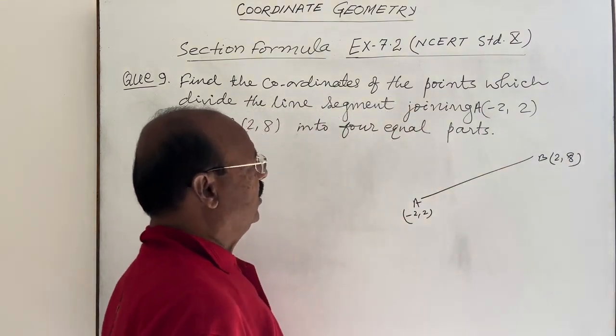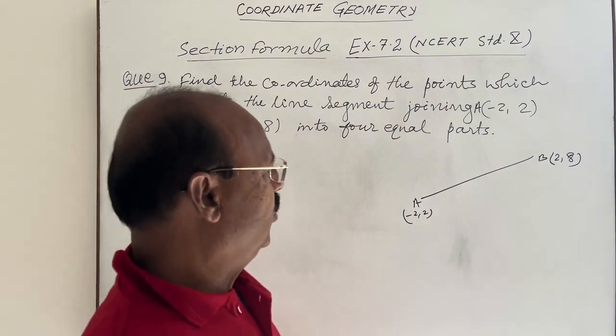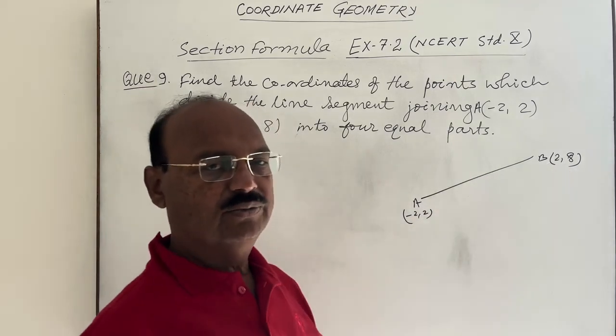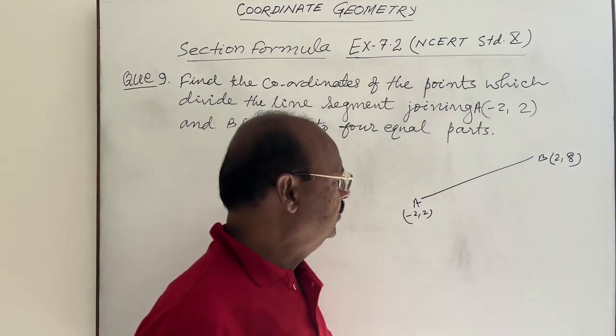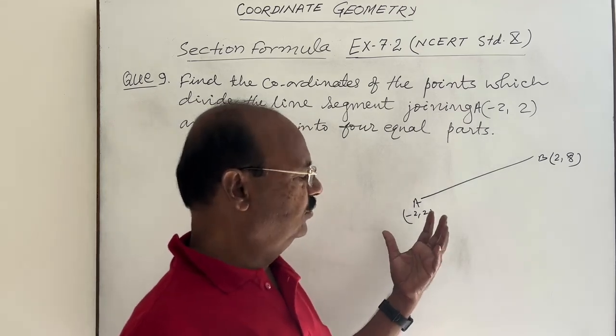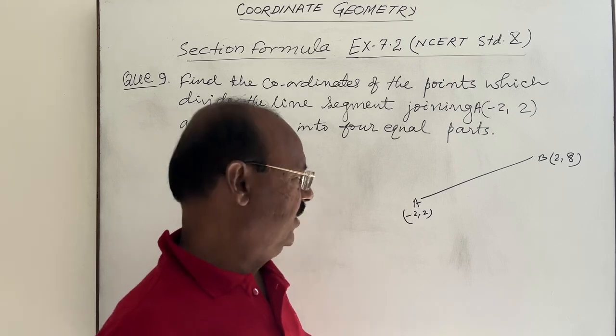We have to find the coordinates of the points that divide this line segment AB into 4 equal parts. For dividing the line segment into 4 equal parts, we need 3 points of division.